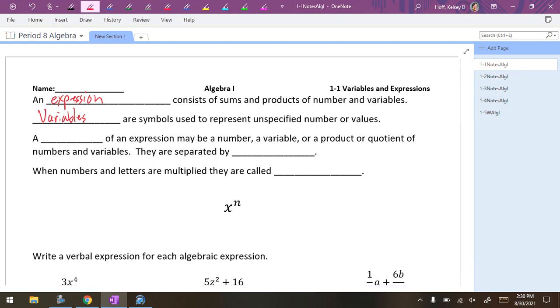And honestly, variables to me, unless it tells you what variable to use, I don't care. Don't pick O, don't pick I, don't pick S, don't pick T. Does that make sense? O looks like a 0, S looks like a 5, T looks like a plus sign, I is just a weird letter. 90% of the time, I'm going to use X, Y, and Z.